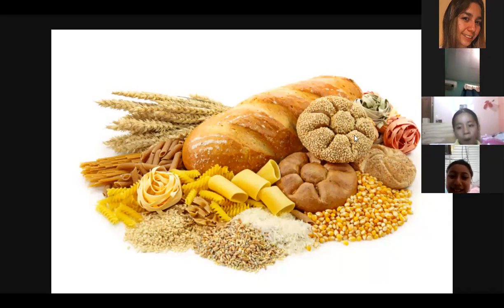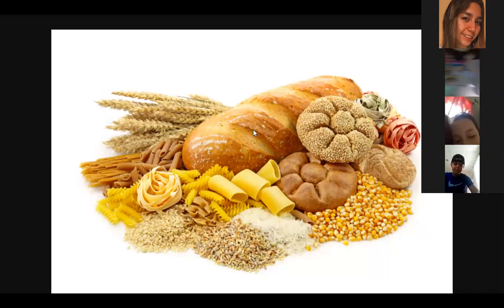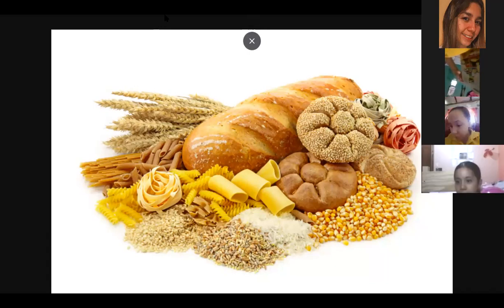Rice, lentils, wheat, corn, very good, Romeo. We have many things, right? And these guys, mexicanos. Yes, very good. So these tacos are Mexican. Yes, these are grains, okay? This all is made of grain. Everything that you see here.